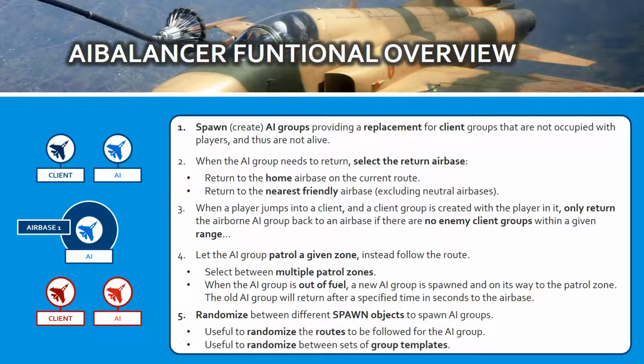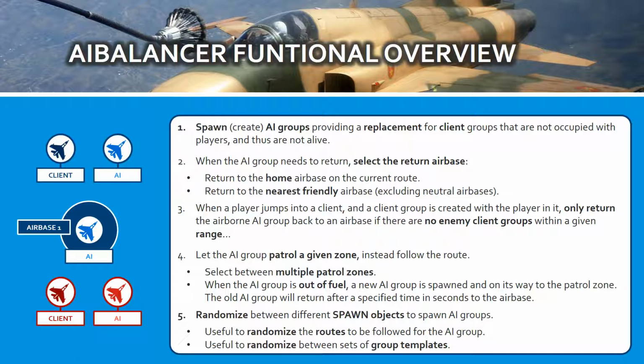So the AI will only return when there is no enemy client within a certain range in the neighborhood. So function 2 will only be executed when function 3 is invalid.